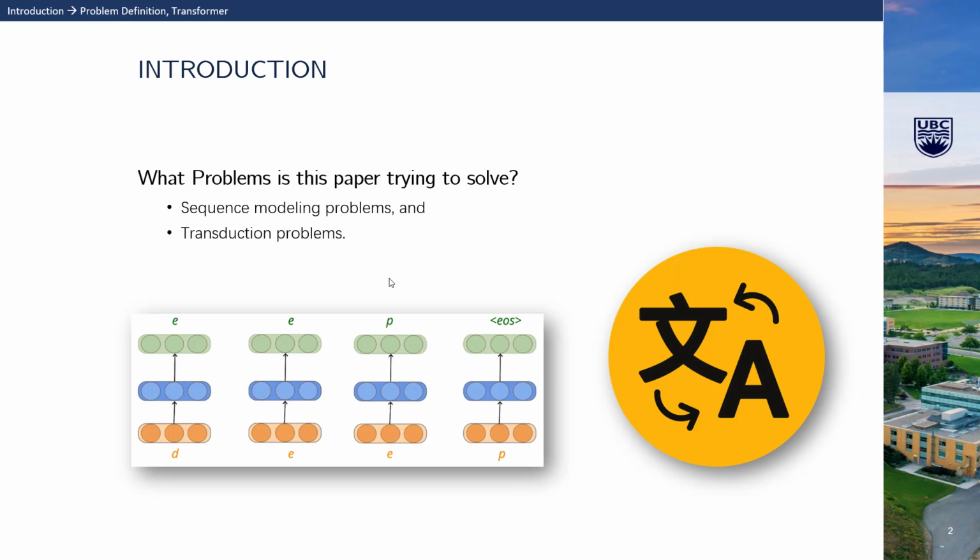In the first part of the introduction, we discuss the problem that the authors of the paper are trying to solve. One is sequence modeling problems and the other one is transduction problems. Sequence modeling is the task of predicting what word or letter comes next. In sequence modeling, the current output is dependent on the previous input, where the length of the input is not fixed.